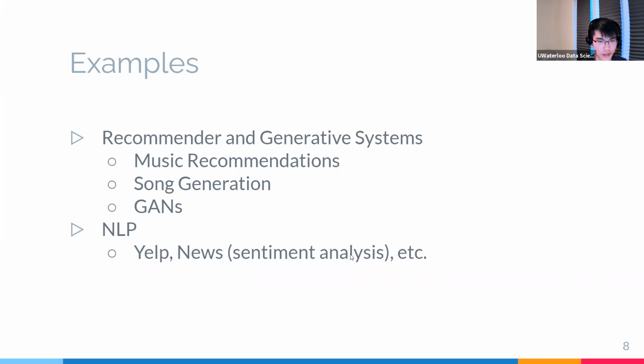Some other topics we have here are GANs. That's a broad range, and I haven't done too much with it, but one of our mentors is more experienced with that, so he'll be able to help.